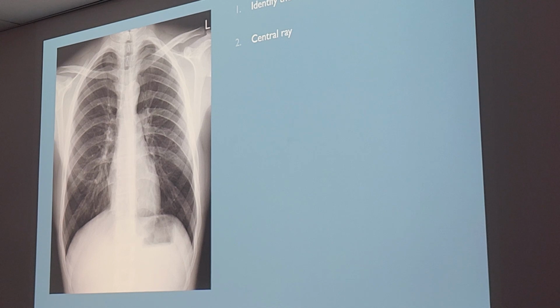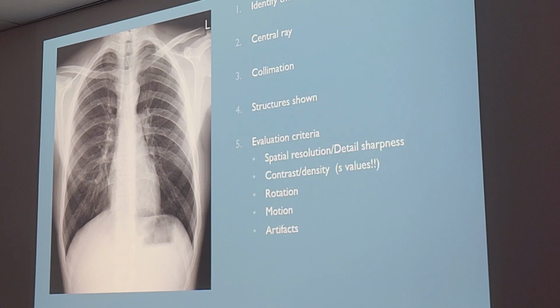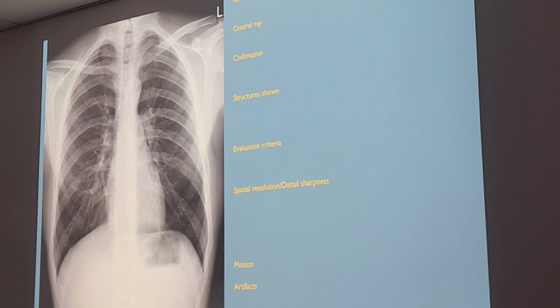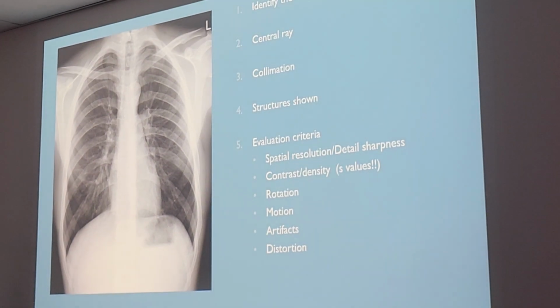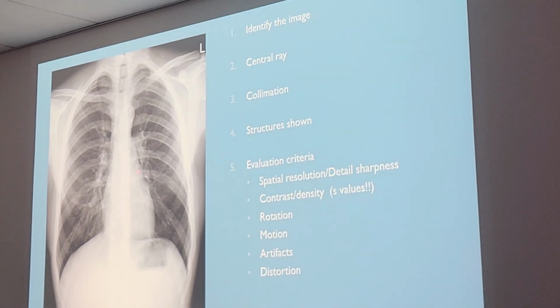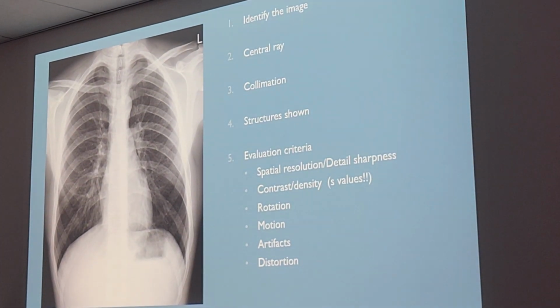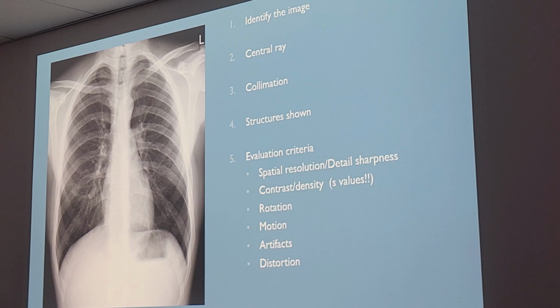Next thing to evaluate this image, where should we center on a chest? T7. Okay. On this one, the ribs go down a lot more than the previous one. Yeah, on this patient, the ribs are not as horizontal, they're kind of coming down and out.